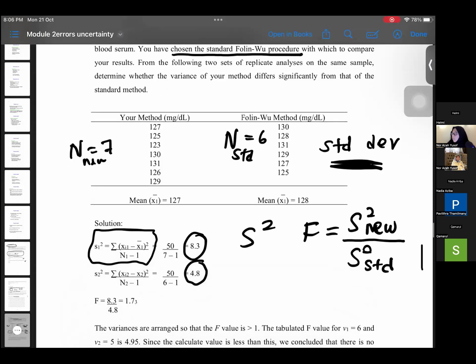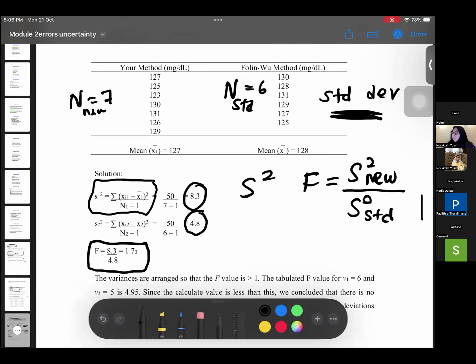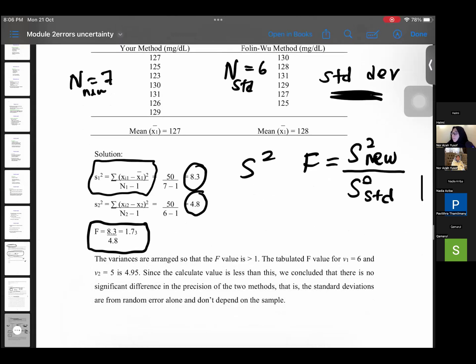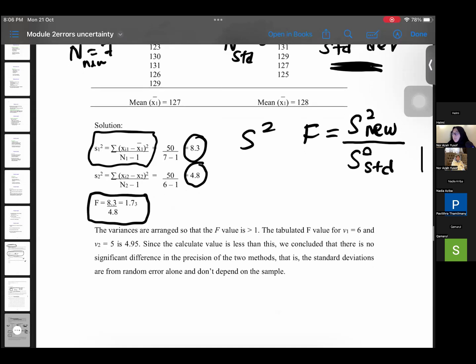Once you have the arrangement correct, you calculate the value of F, and you have to use the F table. Now you know that S new is at the top and S standard is at the bottom.